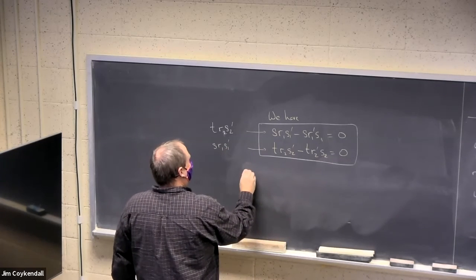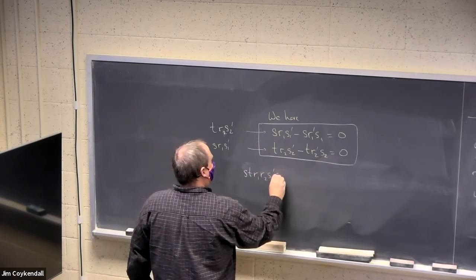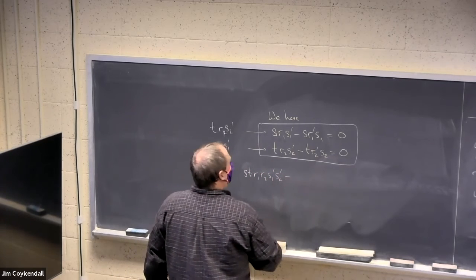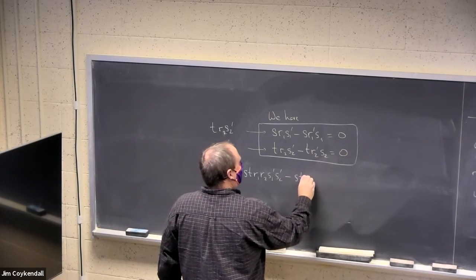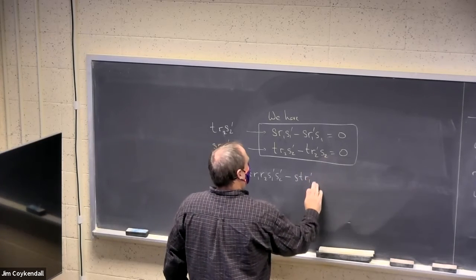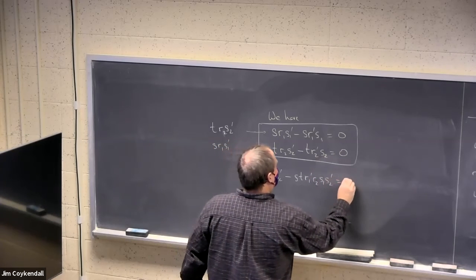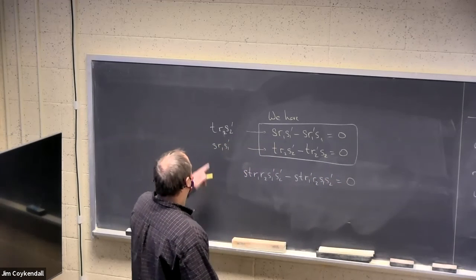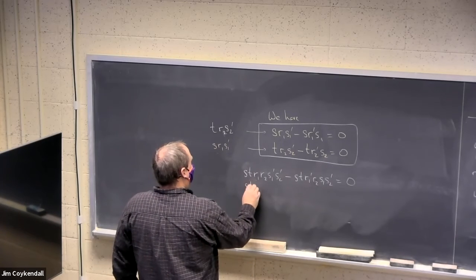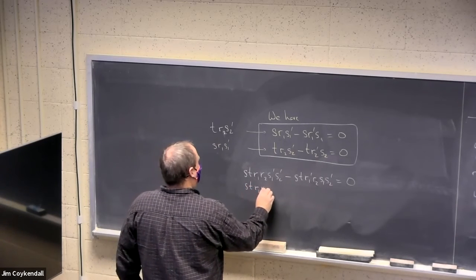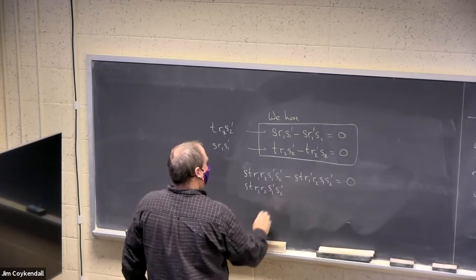So out of this one, I get ST R1, R2, S1 prime, S2 prime, minus ST R1 prime, R2, S1, S2 prime, 0. And from this one, I get ST R1, R2, S1 prime, S2 prime.